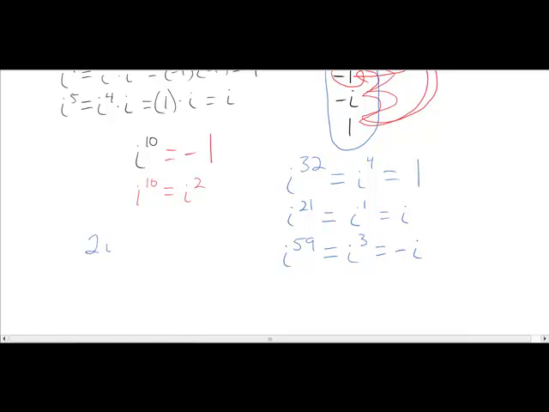If I had 2i to the 5th power, let's see. 2 to the 5th power is 32. And then I have i to the 5th power also. But i to the 5th is just equal to i. So this is really just 32i.